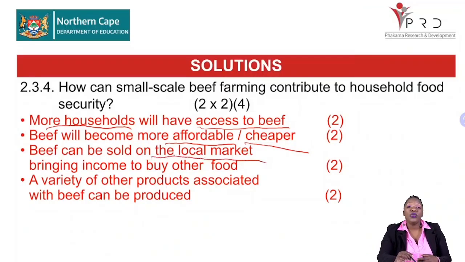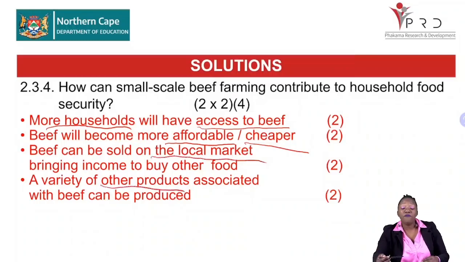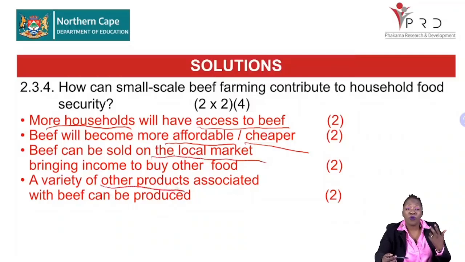Then also we're looking at the variety of other products. Remember, from beef you will have your sausages, your polony, your burgers. So there are other variety products that can be associated with beef production.